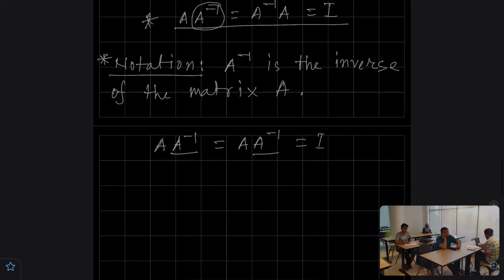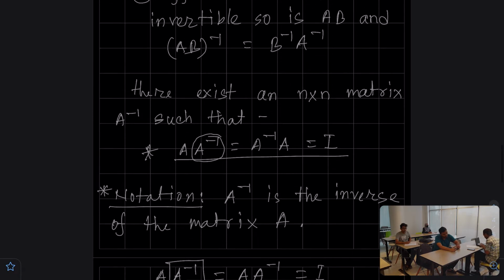The inverse of this matrix A inverse, the notation for this is A inverse inverse, and that is just I times A, simply A, right? Because A is the inverse of A inverse. That's why this is true.